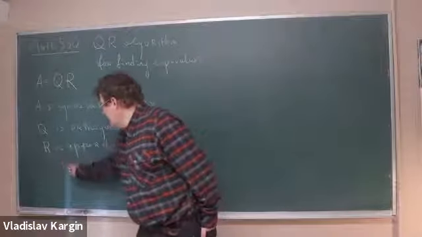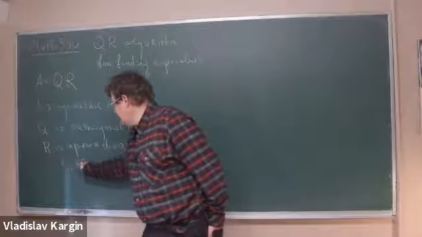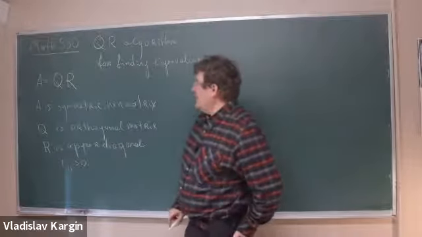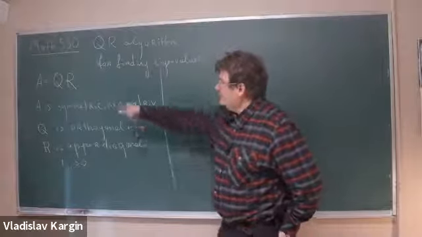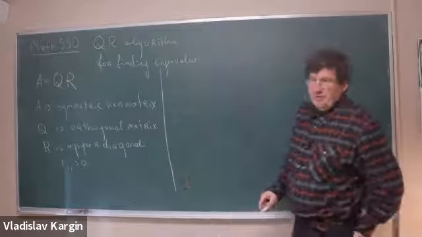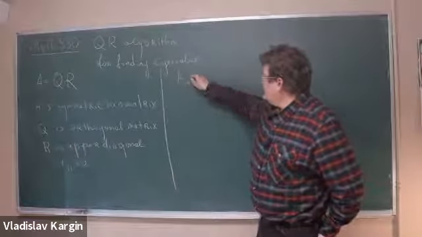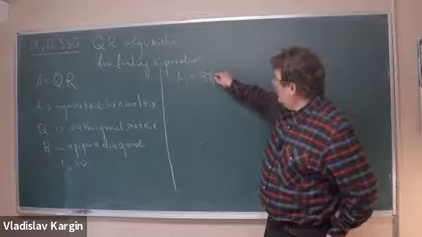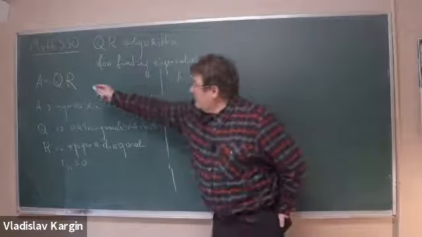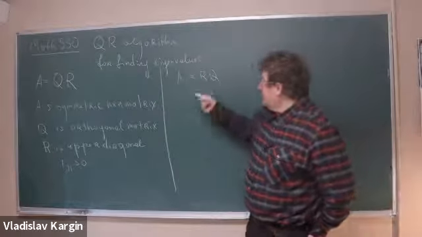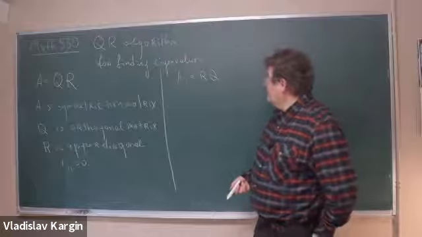And it is assumed that diagonal elements are greater than 0. This is just an assumption, and the algorithm works by writing A1 equal to RQ, and after that you continue to do it.